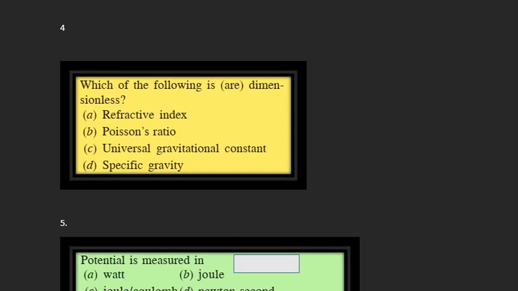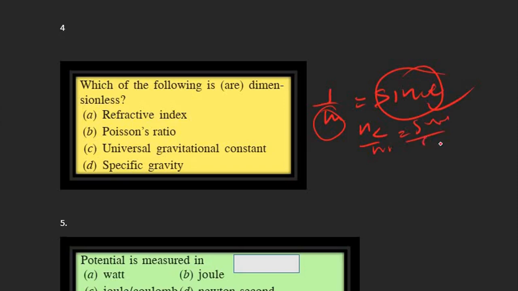If you don't remember, think of 1 over n equals sine c. So c doesn't have dimensions, so n, again, no dimensions. Again, you can think n2 over n1 equals sine i over sine r, no dimensions, correct?